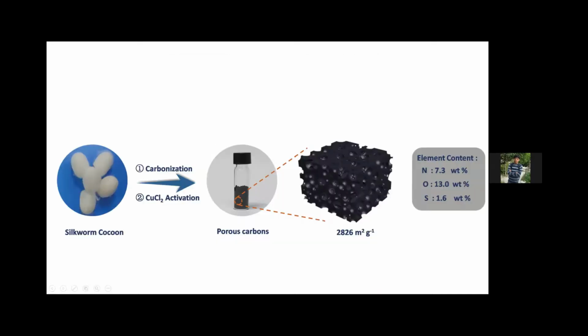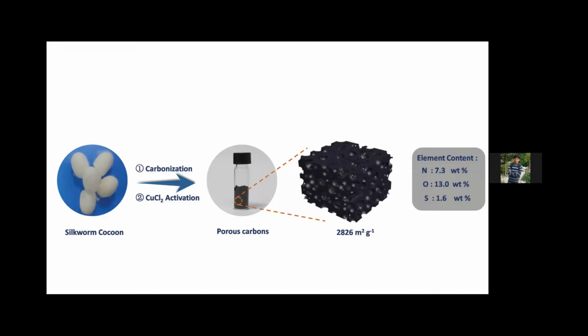Another biomass is the silkworm cocoon. They simply take the silkworm cocoon and do a few pre-treatments, and then they use carbonization, and for the activation they use copper chloride.